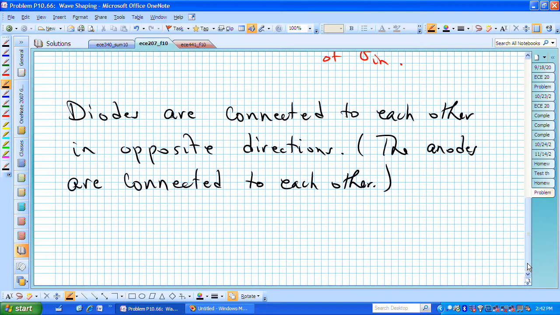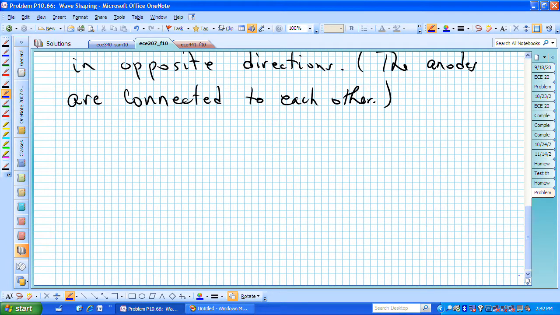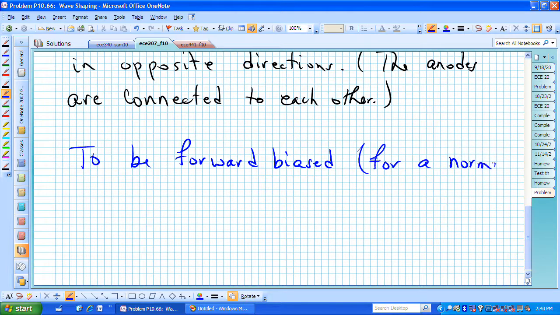Now, in general, for a diode to be forward biased, or for an ideal diode to look like a wire, or for the diode to conduct, and now I'm speaking of a normal diode, not a Zener diode.